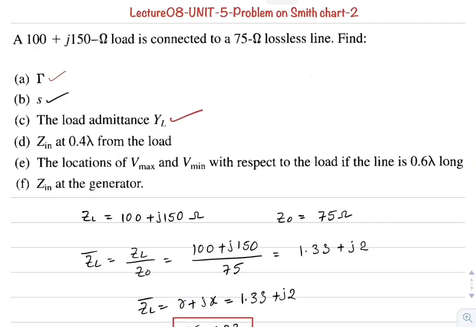The next question is Zin at 0.4 lambda from the load. That means from the load you have to travel a distance of 0.4 lambda. On a Smith chart, traveling a distance of lambda is equal to 720 degrees, that means 2 rotations. But here we need 0.4 lambda, that equals 0.4 into 720 degrees, that is 288 degrees.